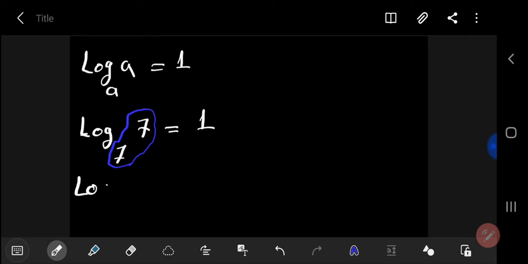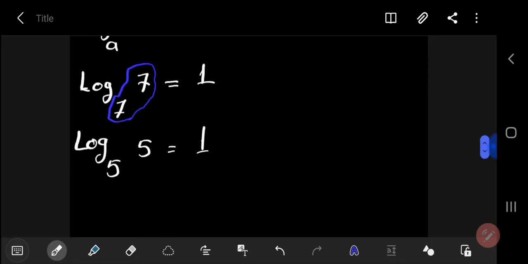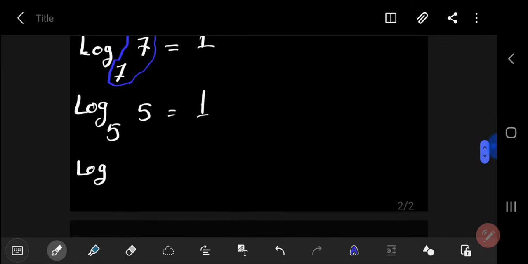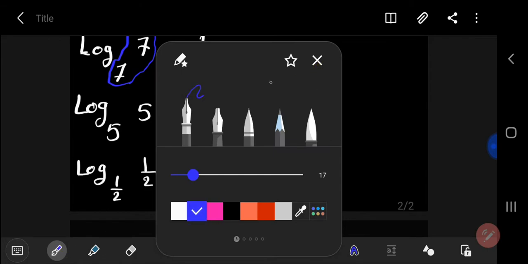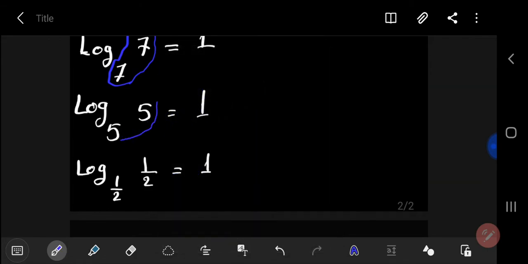Another example, log base 5 of 5 also equal to 1. Another example, log base half of half equal to 1. So if I have the same base and number, the result absolutely will be equal to 1.